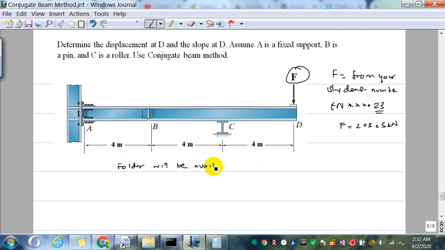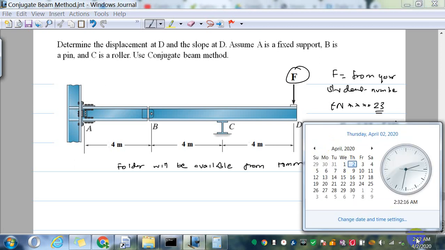This folder will be available from tomorrow 1 p.m. till, so tomorrow means, say this is posted on Thursday early morning, tomorrow means Friday.